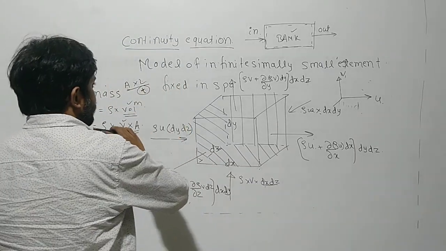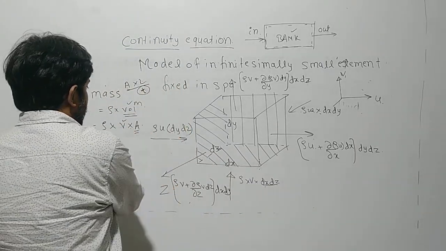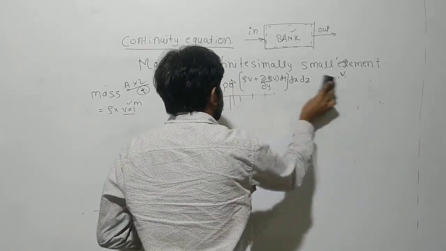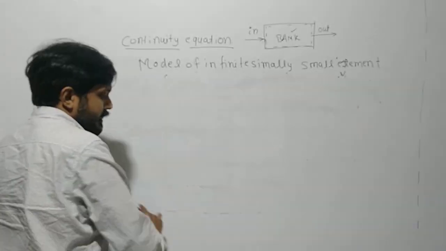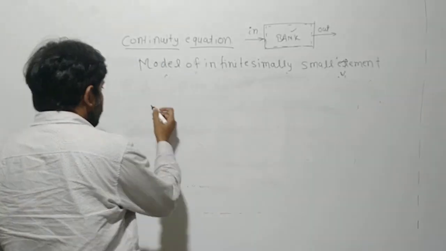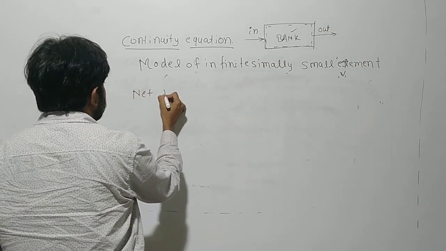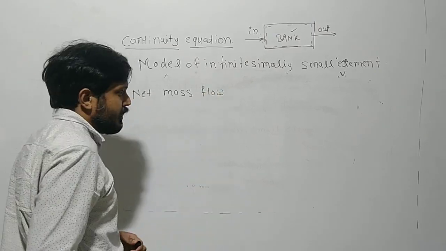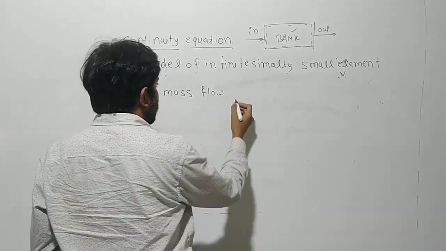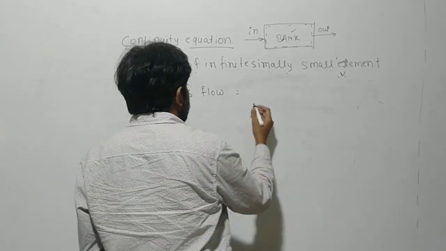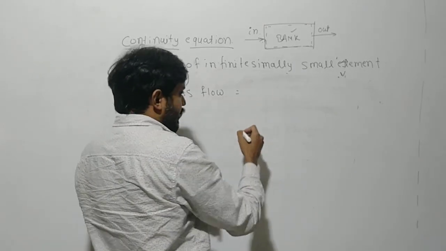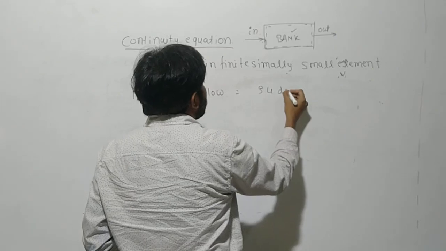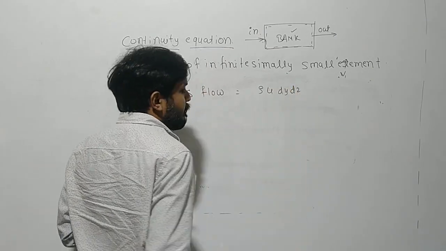So in the same way, how can I write this in mathematical form? Net mass flow will be what? In minus out. So in minus out, for rho u dy dz, this is the inlet.